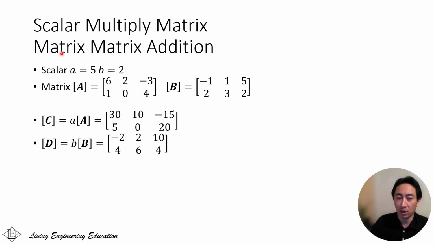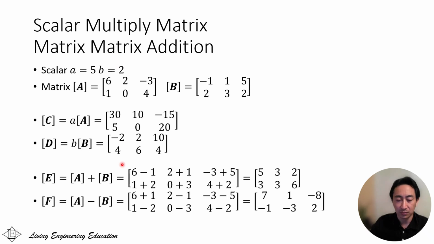When you add or subtract matrices from each other, both matrices must be of the exact same size. So both matrix A and B have 2 rows and 3 columns. So this can work. If it's not the exact same size, you cannot add or subtract them from each other.